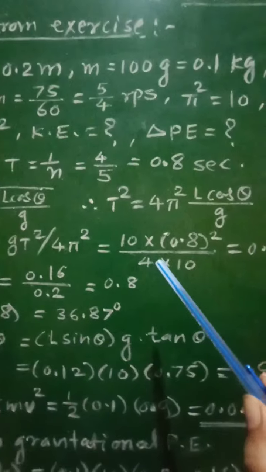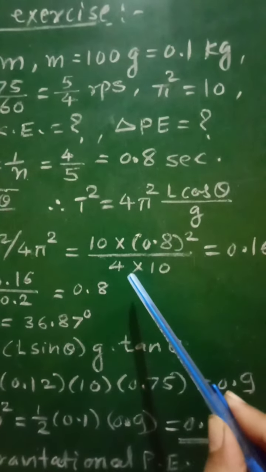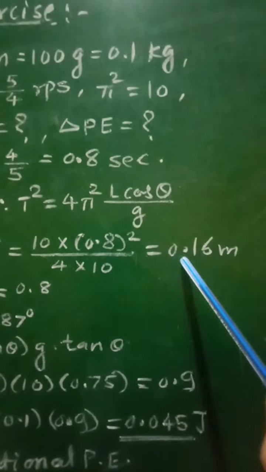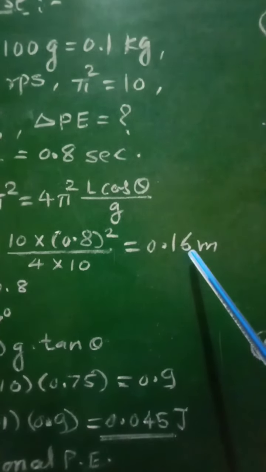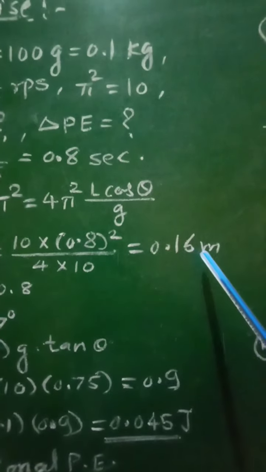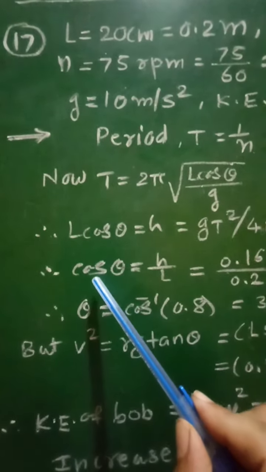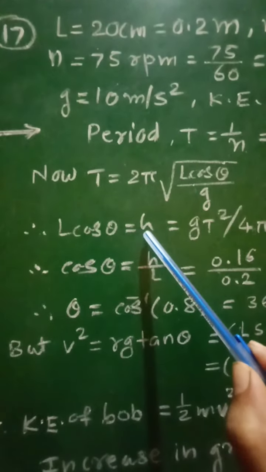Now putting the values we will get 10 into 0.8 square upon 4 into 10, that is equal to 0.16 meter. That is vertical height h of the conical pendulum is 0.16 meter, and therefore from this cos theta will be equal to h by L, because L cos theta is equal to h.